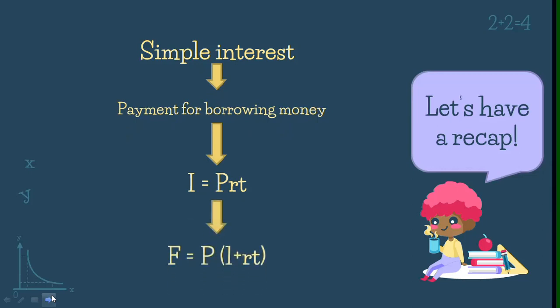But if we have the future value, that is F is equal to P times 1 plus RT. Mas mahalaga po na alam natin itong last na formula because this last formula is the one that we can manipulate.